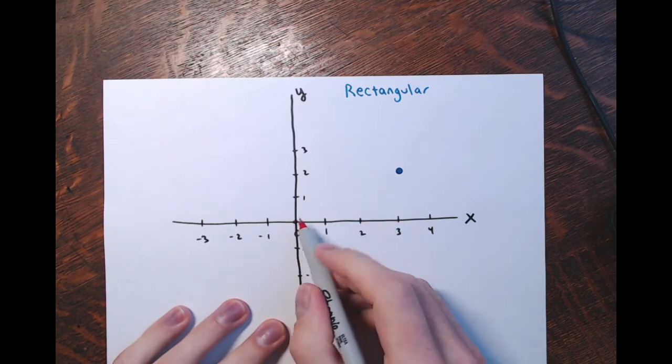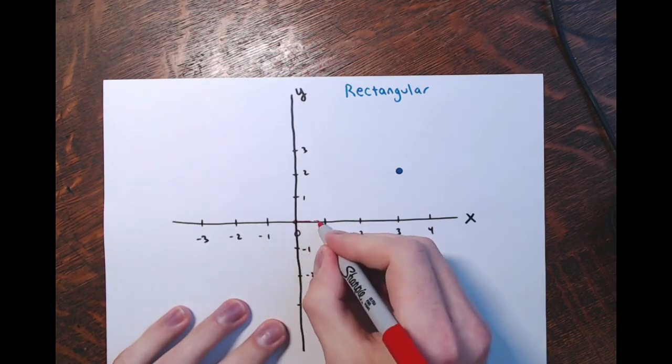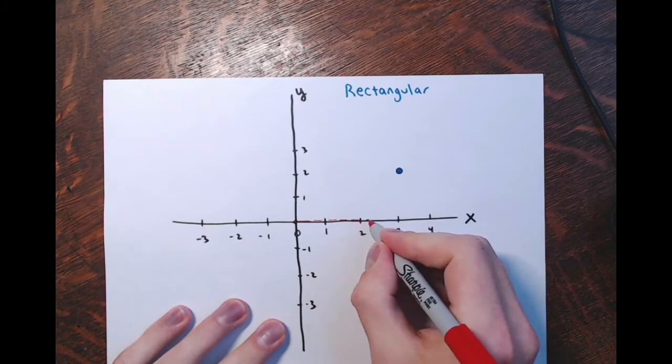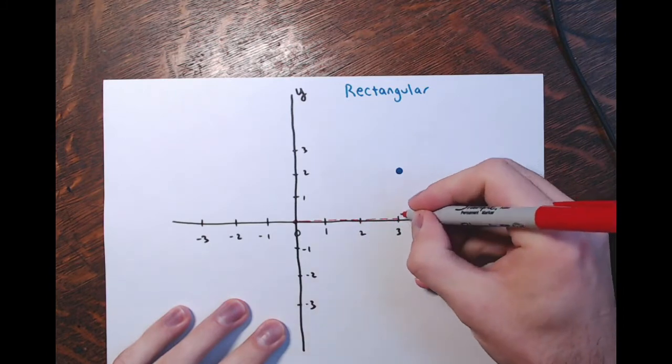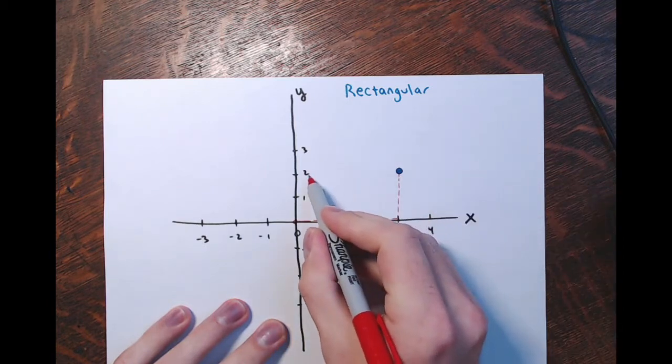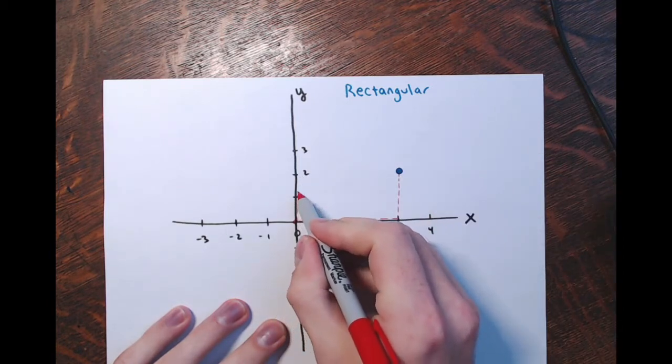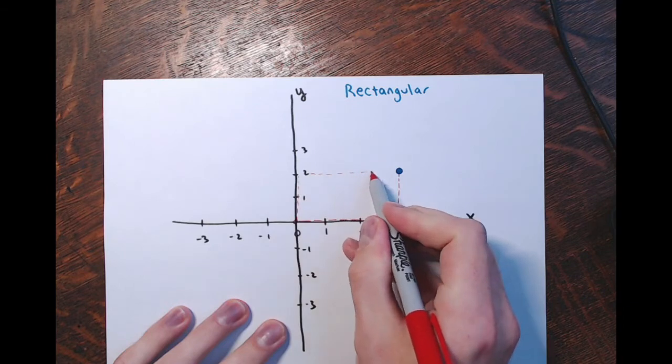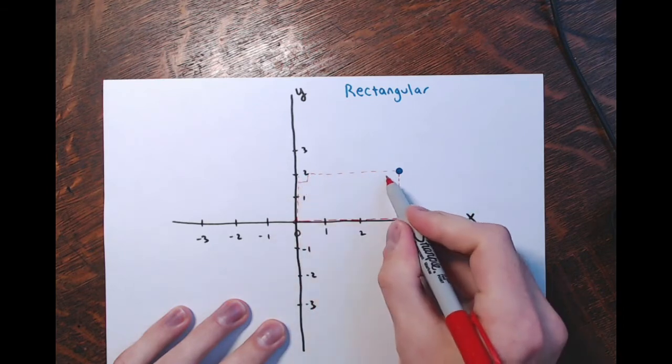If I start from the origin, I'd travel to the right 3 units, and then up 2 units, right? Or you could have gone up 2 units and then right 3. Do you see the rectangle here?